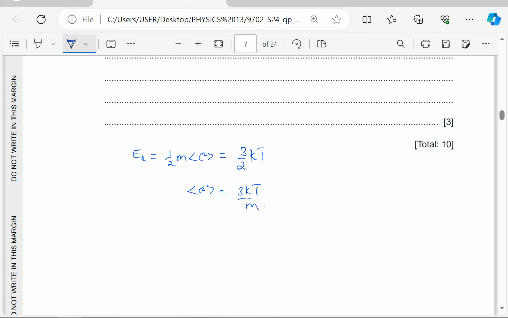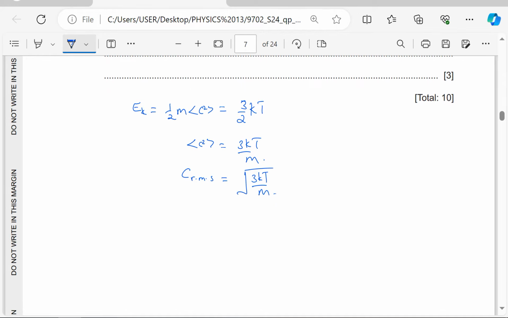The 2 has cancelled. So when I find a square root, I find the root mean square speed is going to be the square root of 3kT divided by m. Okay. So 3k and T are constant because they said they were at the same temperature. So I'll simply say C root mean square speed is equal to a constant divided by root of m, because root of 3kT is a constant.